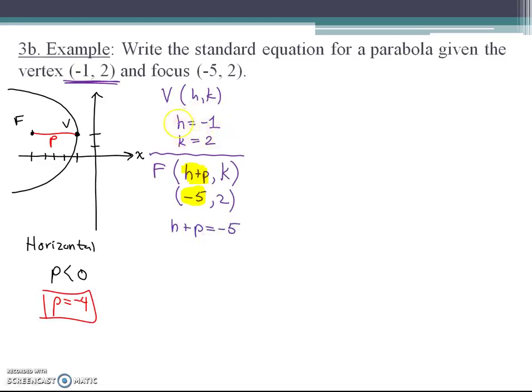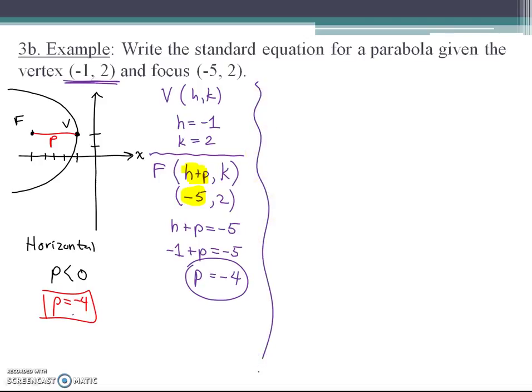Substitute the value of h, so -1 + p = -5. Add 1 to each side. Get -4. Same value we got graphically, we got algebraically, depending upon what your forte is.